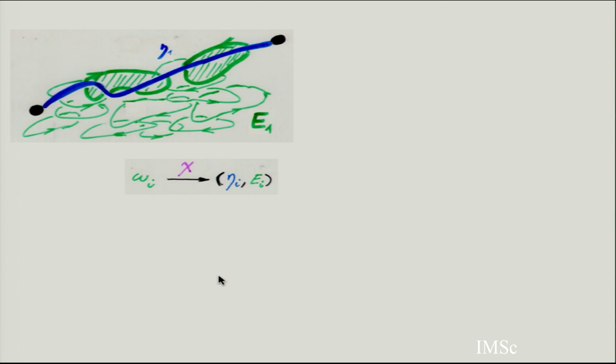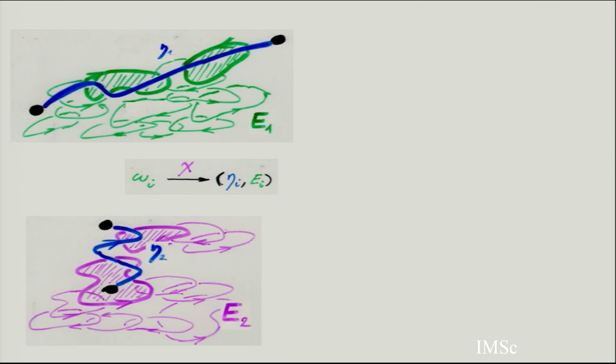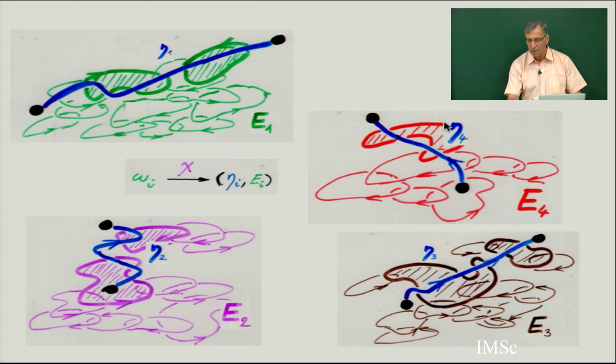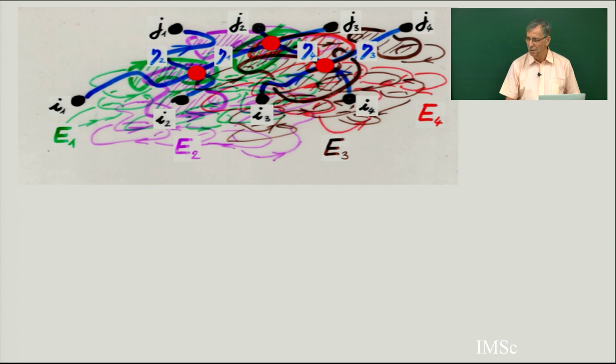So if I apply this bijection, for example, the first heap E1, the path omega 1 gives me this, the path omega 2 gives me this, omega 3 gives me this, omega 4 gives me this. Now I have to put everything together, which gives me this. But how to do it?